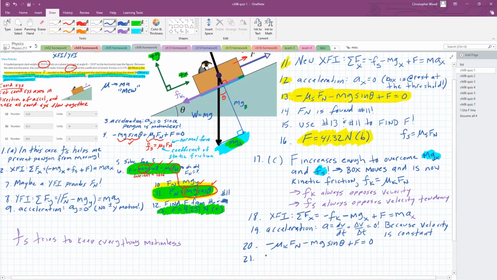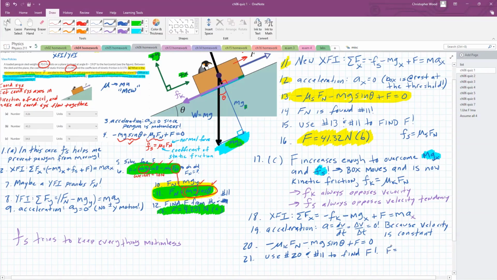I'll say use number 20 and back to number 11. The normal force has never changed because nothing in the Y dimension has changed. Use number 20 and number 11 to find F. This is the force that's pushing the box up the ramp at a constant rate.